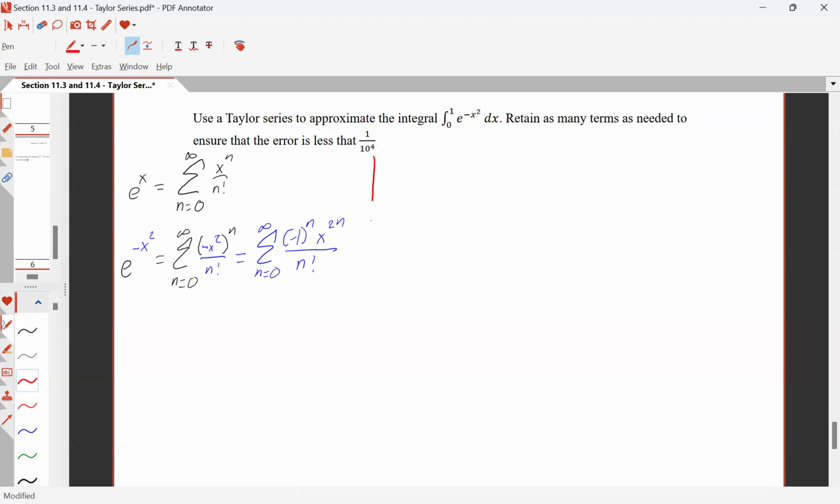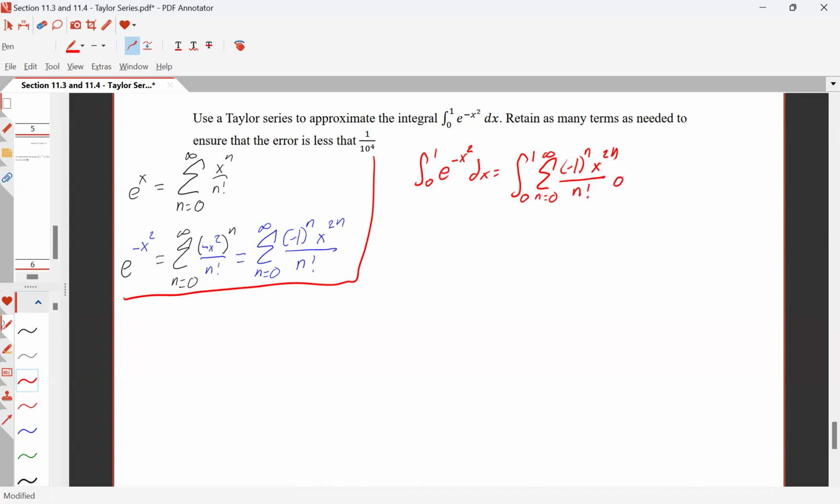Meaning, now, if we take the integral from 0 to 1 of e to the negative x squared dx, that is equal to the integral from 0 to 1 of the series n equals 0 to infinity of negative 1 to the n x to the 2n all over n factorial dx. And we saw back in the power series properties, I can integrate a power series by integrating just this term.